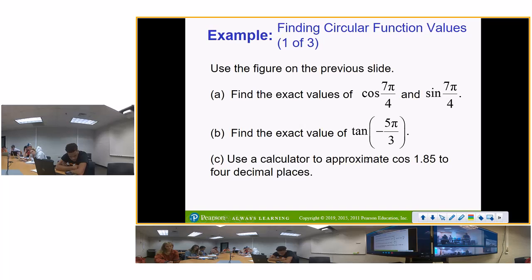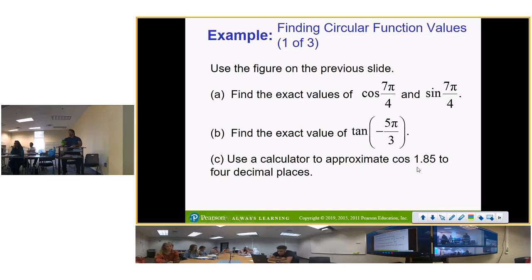So use a calculator to approximate. Now you should be able to do that, but make sure it's in what mode? Radian mode. Okay. The first two, these two are test questions. That one I probably wouldn't ask on a test, but on a standardized test, if they don't have a degree symbol there, what is it? It's in radians.